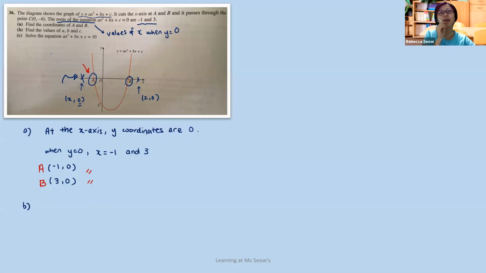For a, b, and c, they are small a, small b, and small c. They actually form the terms of the quadratic. And on the quadratic graph, you have point A, point B, and point C. Now, we are given in the question that point C is (0, -6). Let's substitute (0, -6) into y and see if we could get anything out of it.